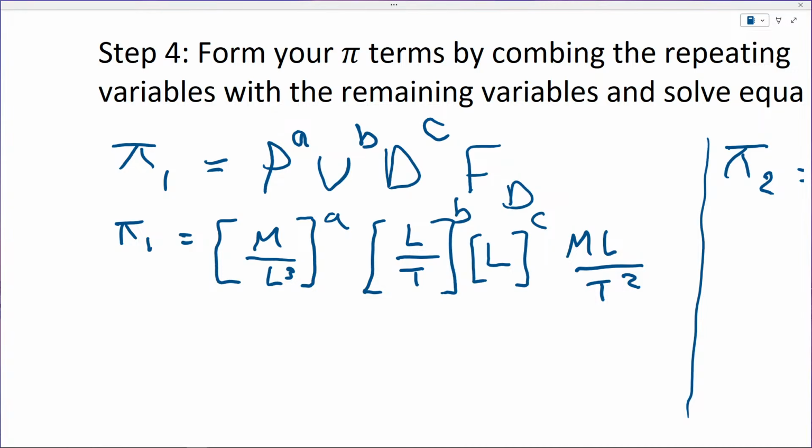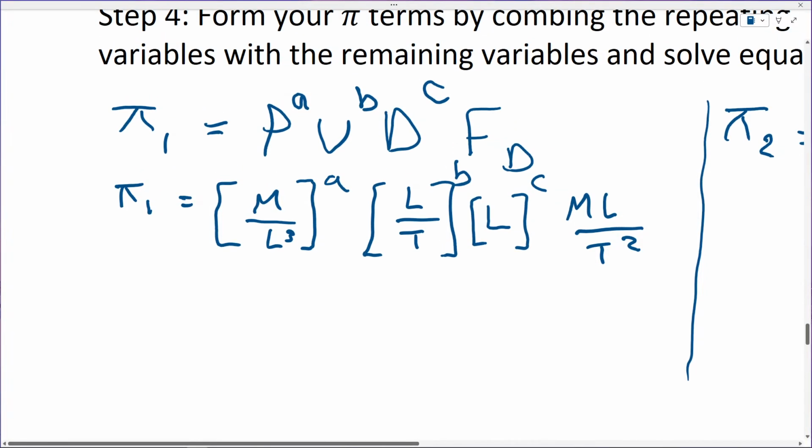So now what is the objective? Let me show you a simple example. I want this mass to cancel with this mass. For that to happen, a here needs to be -1, because then this goes to the denominator and the m cancels with the m.